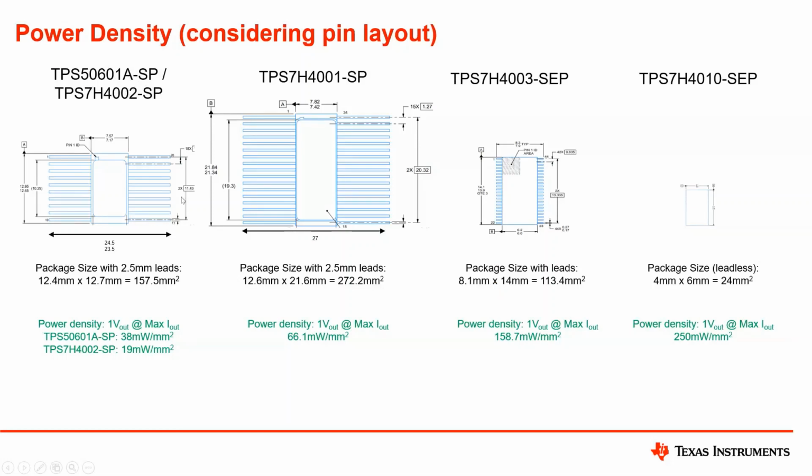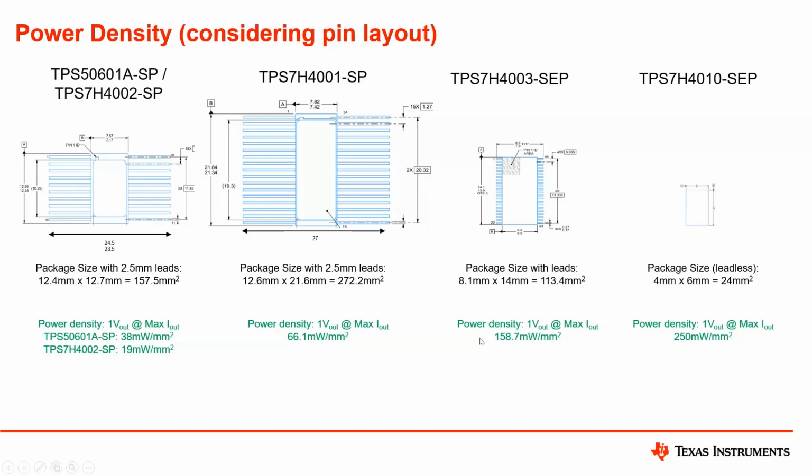One common theme with our rad-hard portfolio is that we only have leads on 2 sides, a 2-side leaded package. So rather than having leads on 4 sides, this helps further decrease your footprint application, giving you even more benefits when comparing to other competitors in the market in terms of footprint power density size.